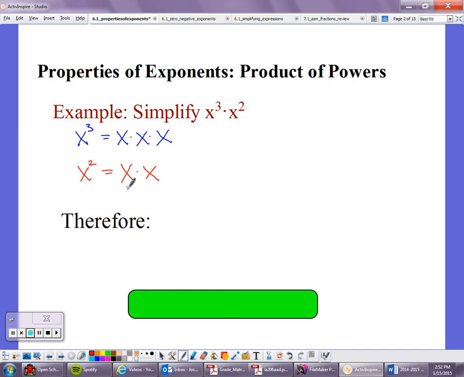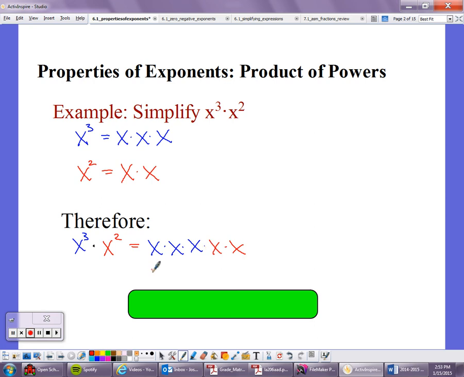So if what we have is x cubed times x squared, x cubed is x times x times x, and x squared is x times x, and we're just multiplying them together.